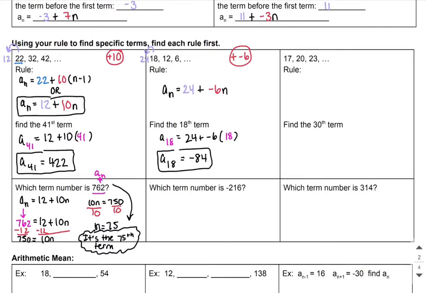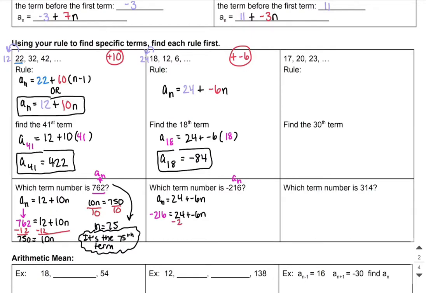I want to know which term number is negative 216. So I have the rule a sub n is equal to 24 plus negative 6n, and I know a sub n is negative 216. So I'm writing negative 216 is equal to 24 plus negative 6n.